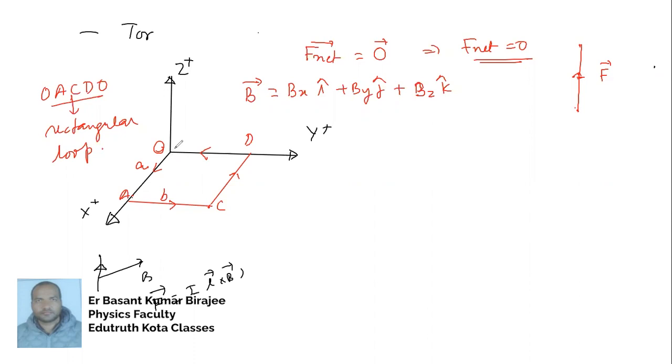So the OA force acts at the midpoint of your OA. Similarly, the FAC force acts on the midpoint. By FAC force, we mean the average force acting on the midpoint of AC.